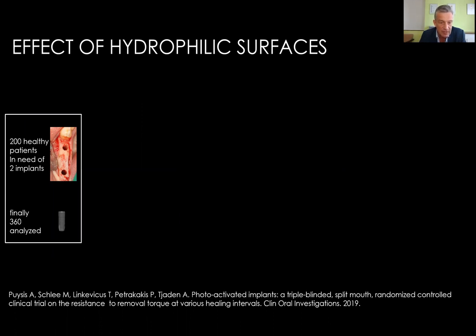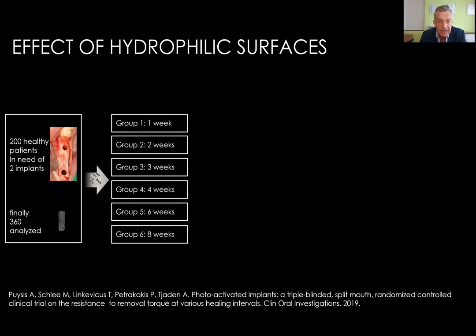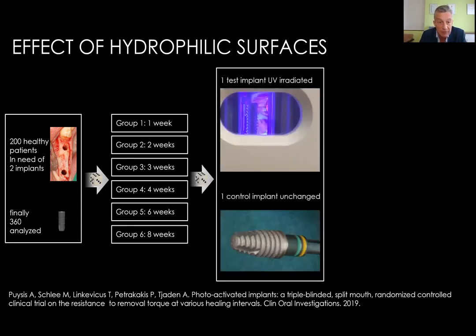Algirdas Puisys and I did a study in 200 healthy patients in need of 2 implants. So 400 implants have been placed. 360 could be analyzed, and we had 6 groups. Patients were allocated to those groups, randomized, of course, and in every group, every patient got 2 implants.